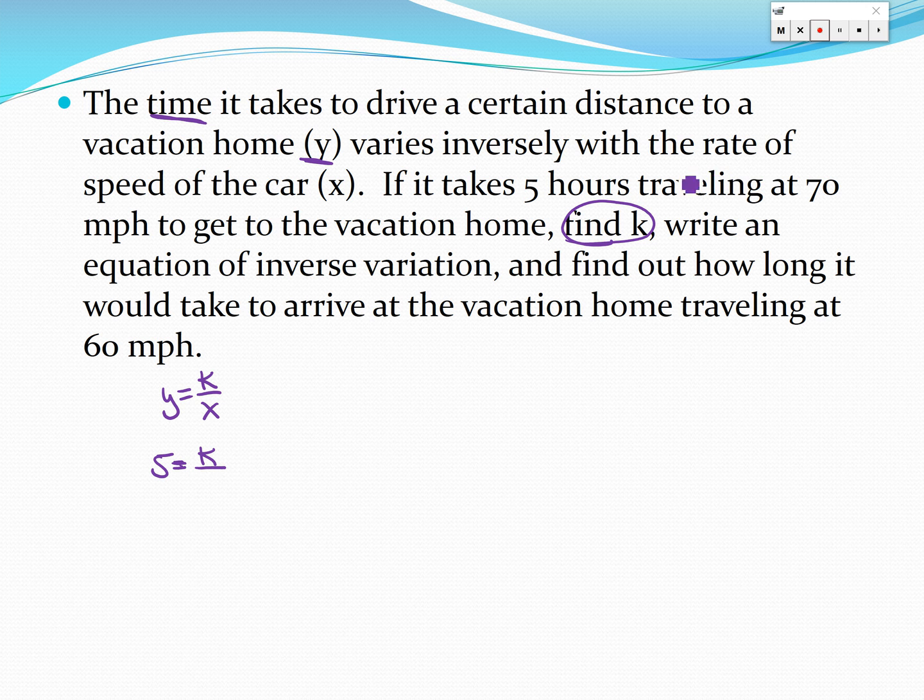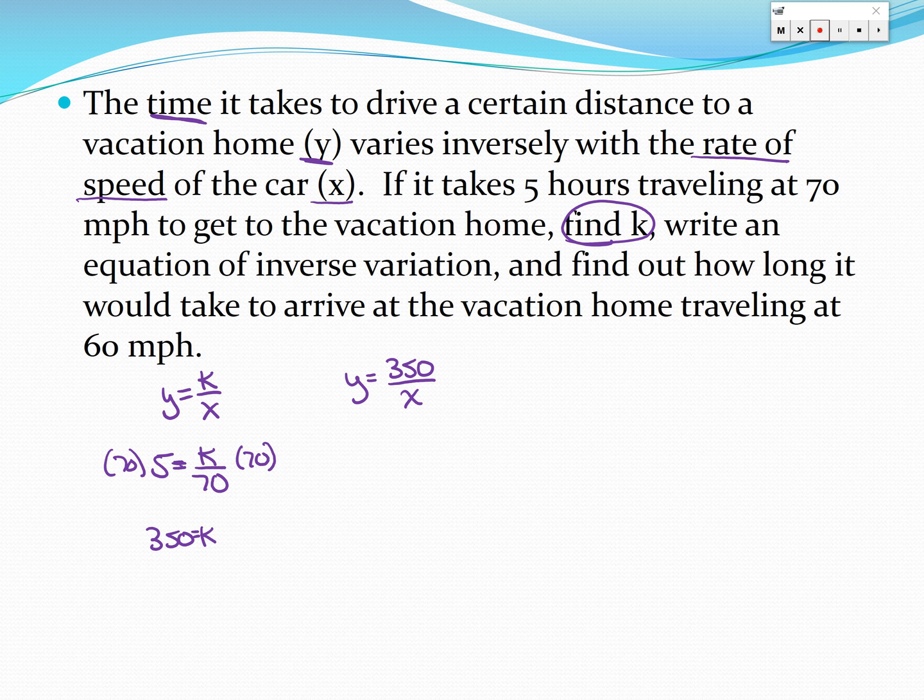The rate of speed is our x, so 70 miles per hour is going to be our x. Again, to solve, we multiply both sides by 70. 350 is our k. Our equation of inverse variation is y equals 350 divided by x.